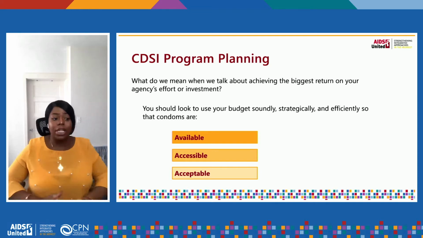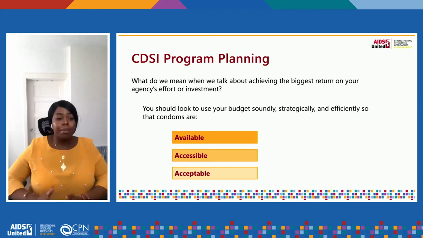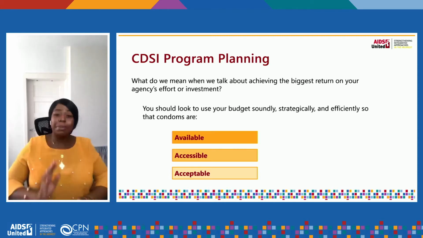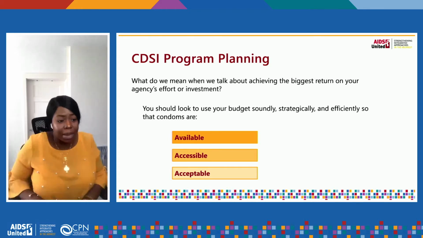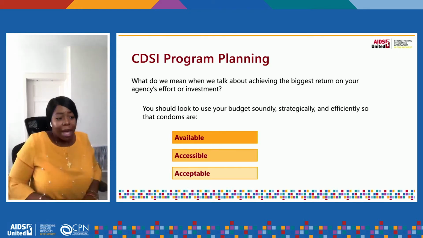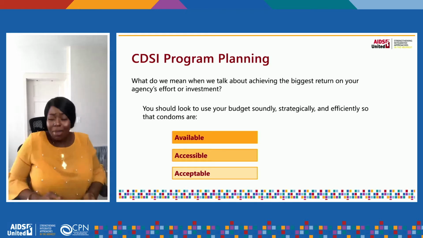Additionally, you need to remember to be realistic. We may not all have the budget to work on all the 3 A's at the same time, which is totally understandable and fully expected, especially given the realities of the pandemic. When you look back at your implementation plan, you will likely see that you're already doing at least one of the 3 A's.